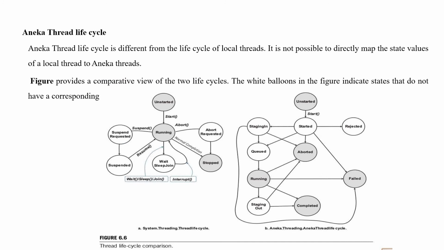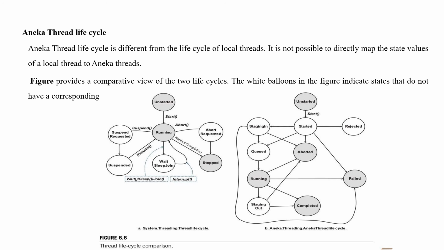So if you compare the Aneka thread life cycle with the local threads, you can see the Aneka thread life cycle is different from the life cycle of local threads. It is not possible to directly map the state values of local threads to Aneka threads.